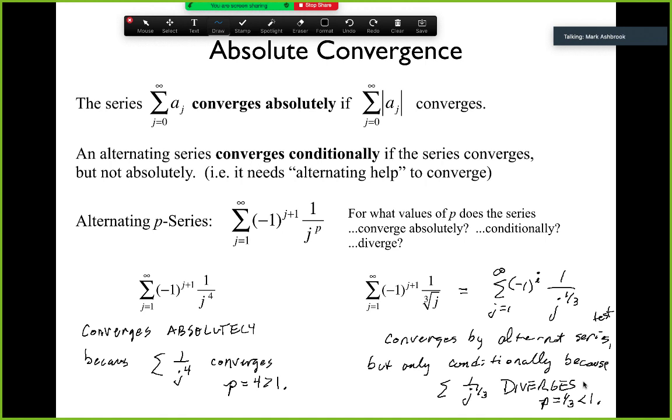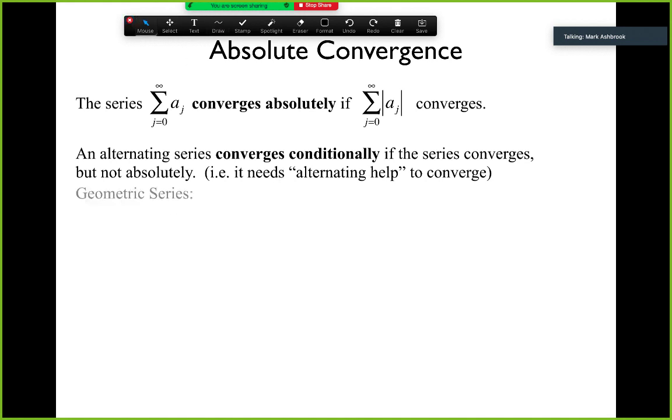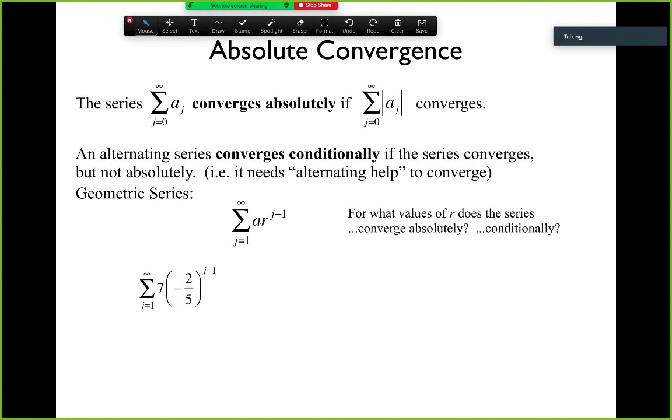Okay, questions on those? Okay. Let's look at a geometric series in the light of absolute convergence. So here's one. Before we look at this, what if r is positive?